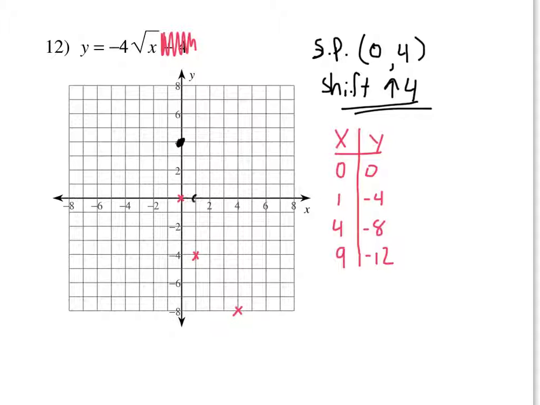So our graph is going to go through these points. It's going to look something like that. Any questions on 12?